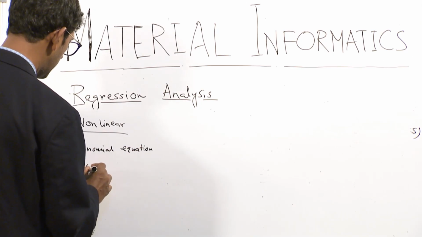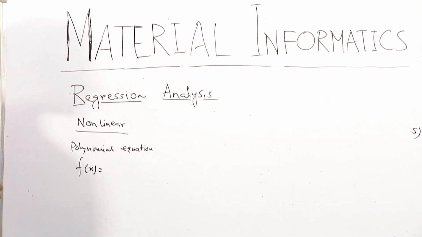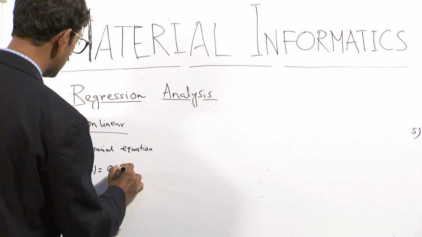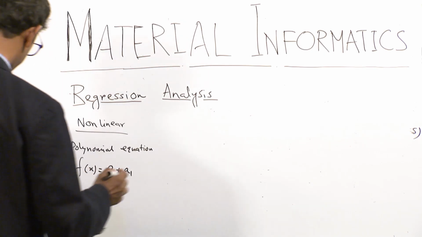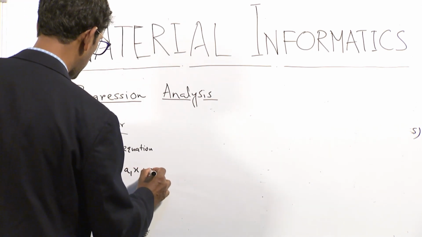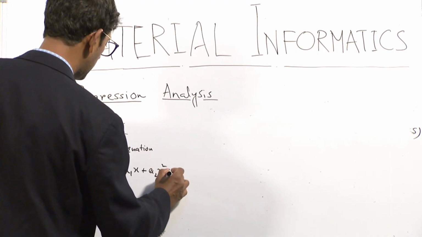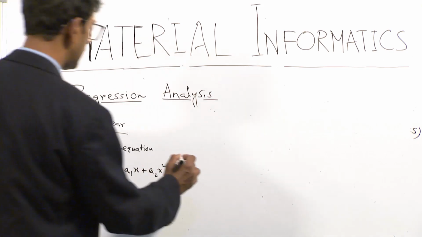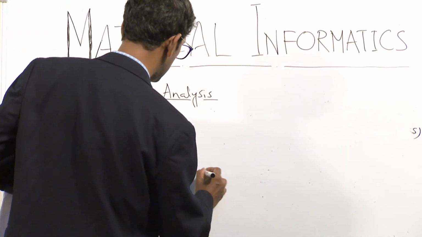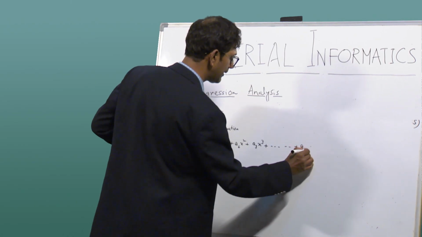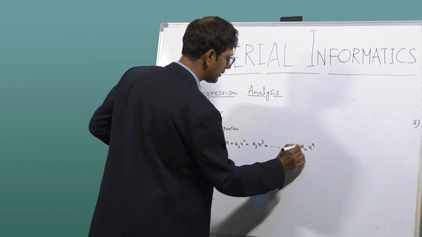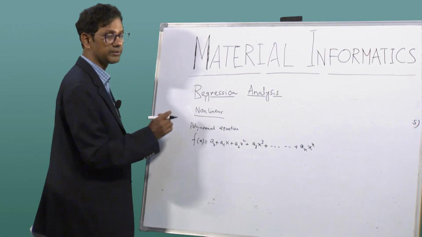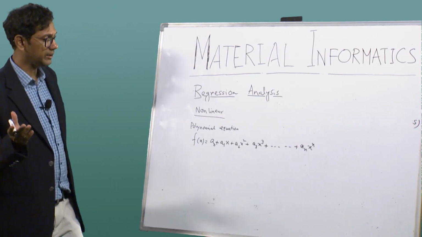I write one of these: f(x) is equal to a0 plus a1 x plus a2 x square plus a3 x cube plus an x to the power n. This is a generalized nonlinear or polynomial equation which can fit any equation.